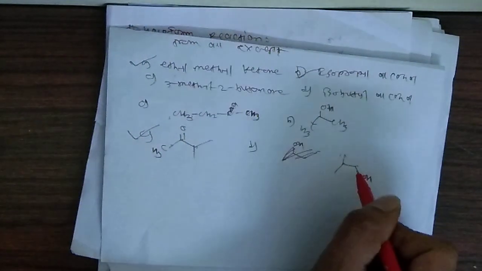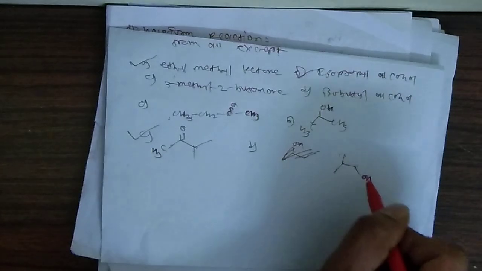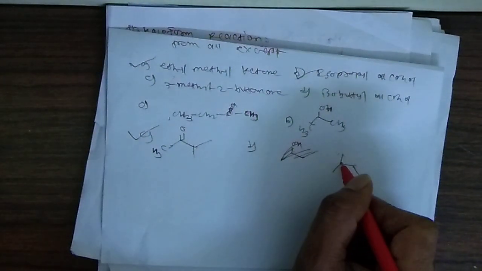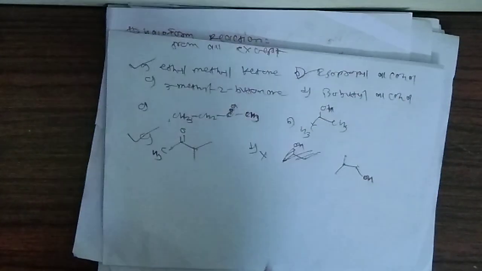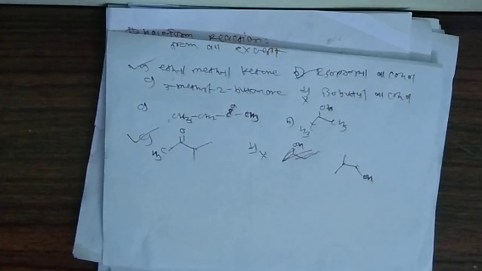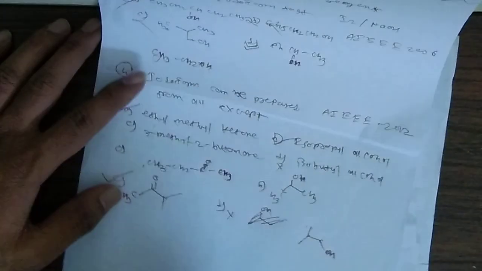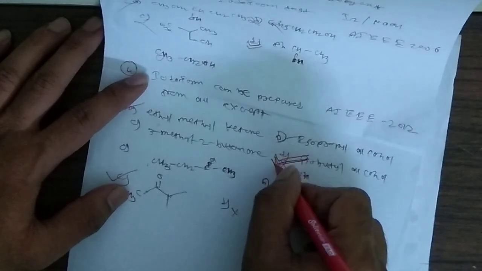If you see here, the carbon which is attached to the hydroxy group, the alcoholic group, has an adjacent group. Is a CH3 group there? No. Therefore, it will not give a positive iodoform test. So out of these, only D will not give a positive iodoform test. The question asks which will not form iodoform, so our correct option is D. The answer to that question is D. Please remember that.